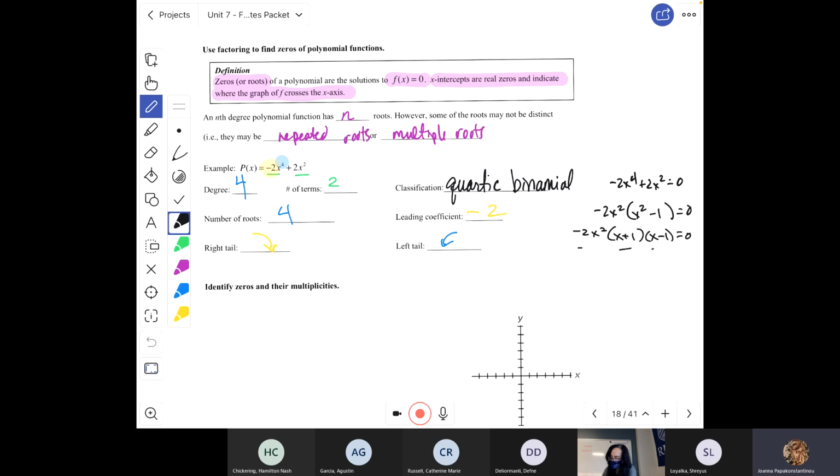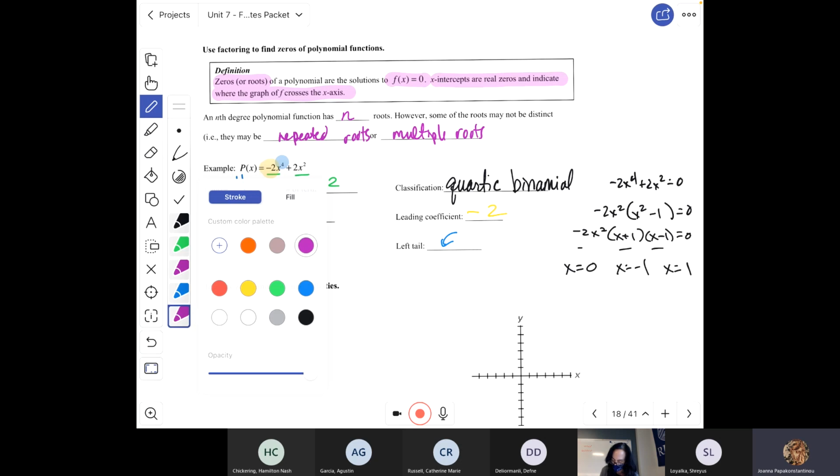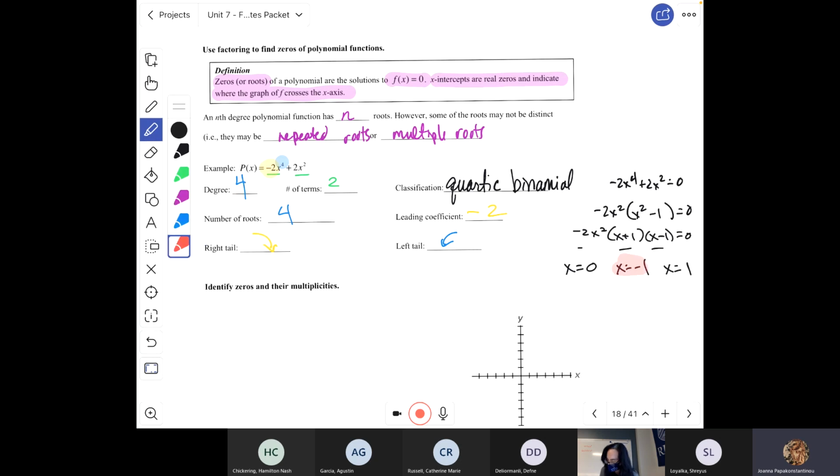Zero product property says I can set each of those equal to 0, so I get 1 root, 2 roots, 3 roots, 3 solutions. Now, this is the solution to a linear equation. So it's a single root. This is the solution to a linear equation.